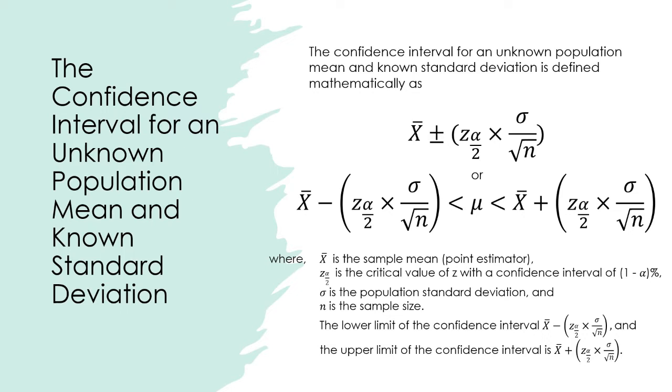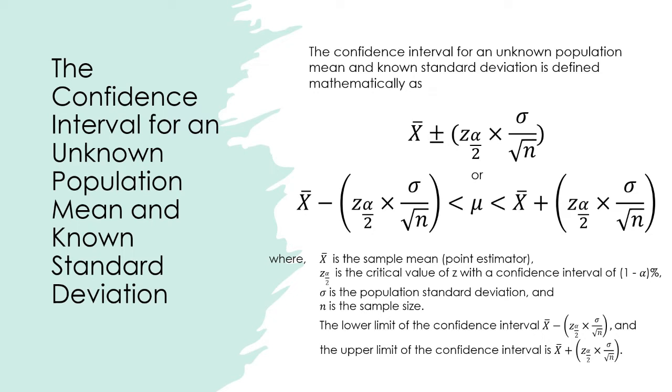The confidence interval for unknown population mean and known standard deviation is defined mathematically as x bar plus or minus quantity of z alpha half multiplied to sigma divided by the square root of n, or x bar minus quantity of z sub alpha half multiplied to sigma divided by the square root of n is less than mu is less than x bar plus quantity of z alpha half multiplied to sigma divided by the square root of n, where your x bar is the sample mean, that is the point estimator.